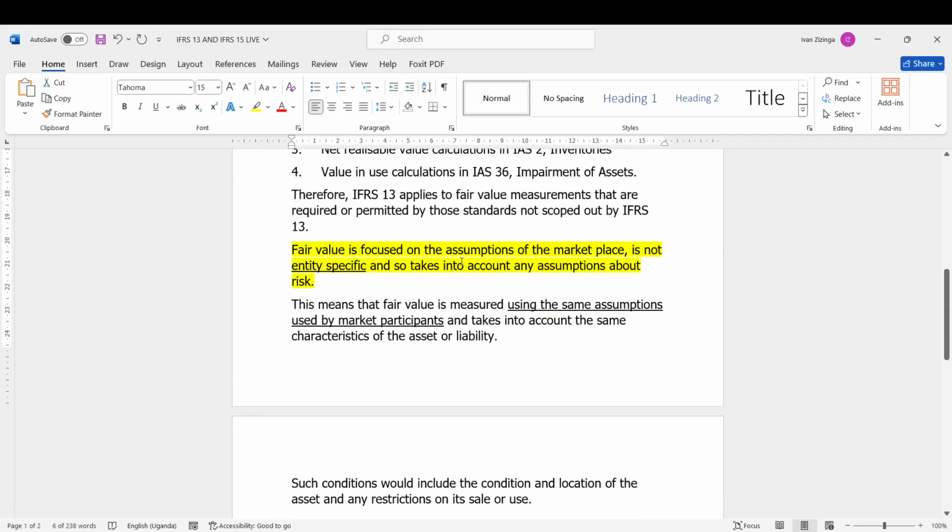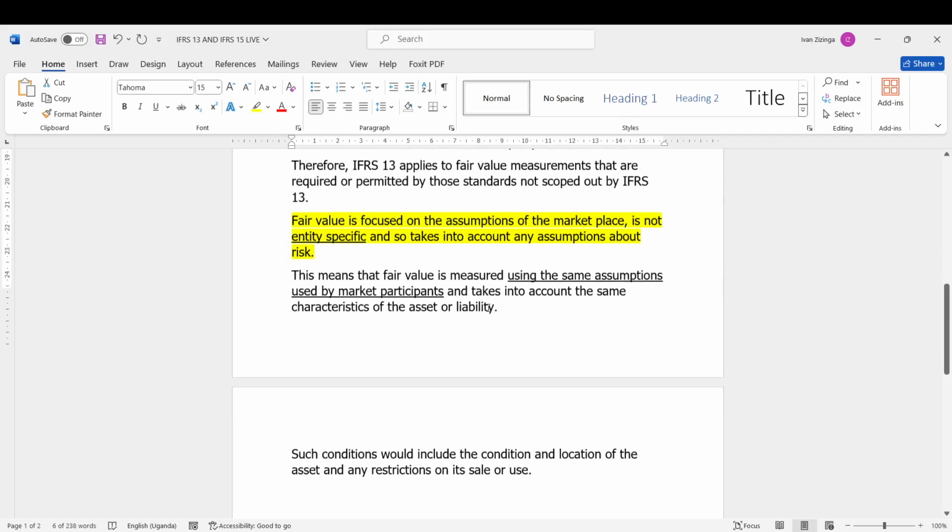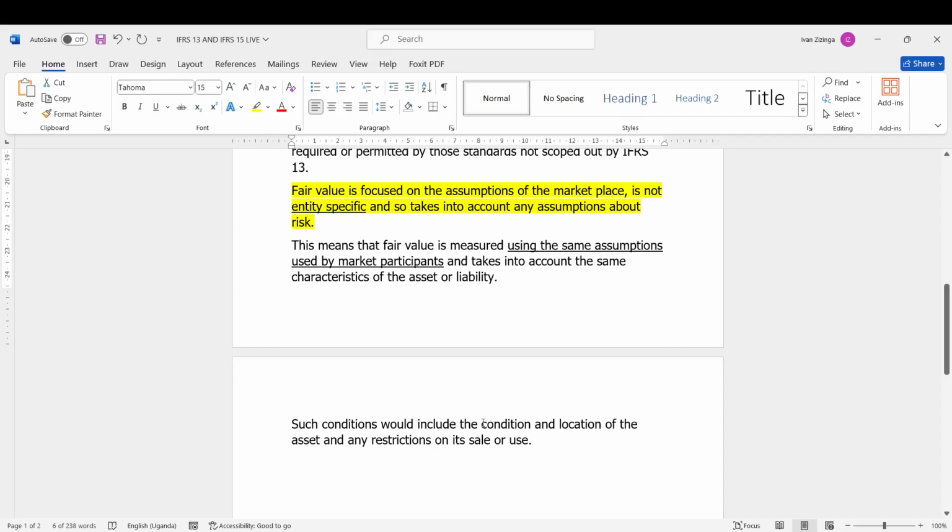So while we are trying to assess the fair value of our asset, let us look at what is the current condition of that asset, and what is the location?